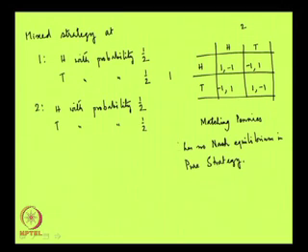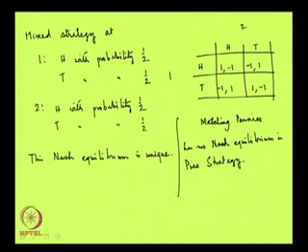Now, we are further going to show that this is unique. That is, this is the only Nash equilibrium. This is the only mixed strategy Nash equilibrium. There is no other mixed strategy Nash equilibrium in this game.